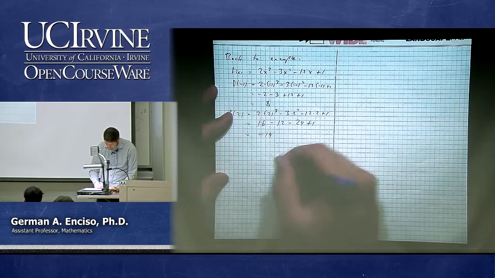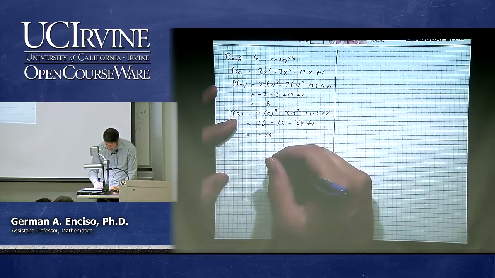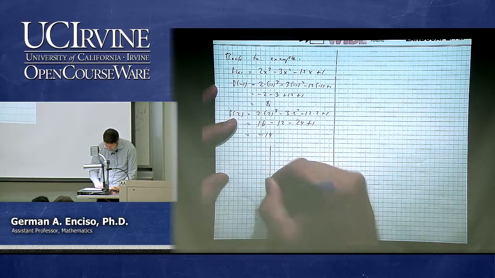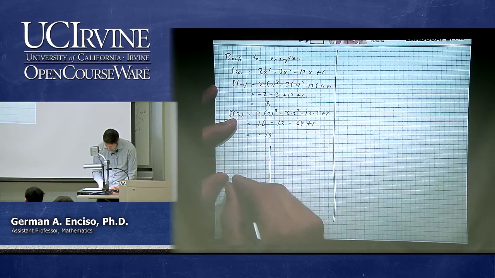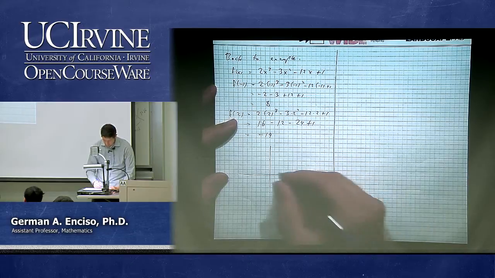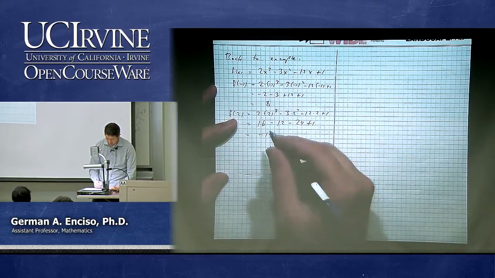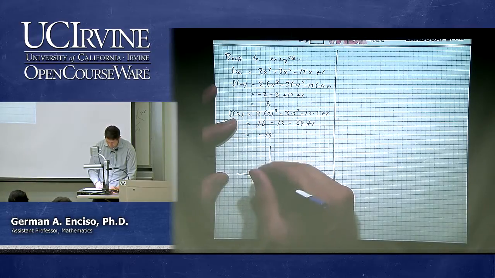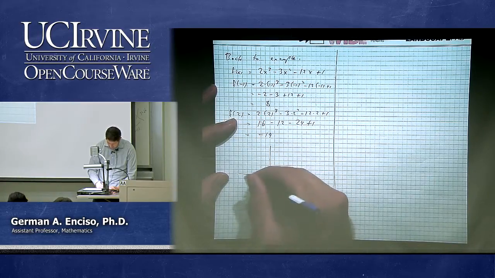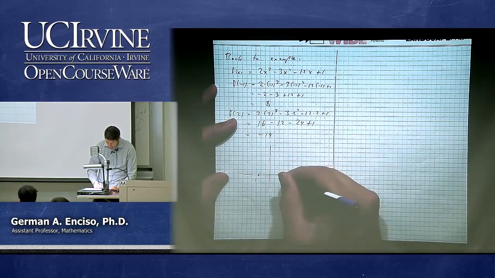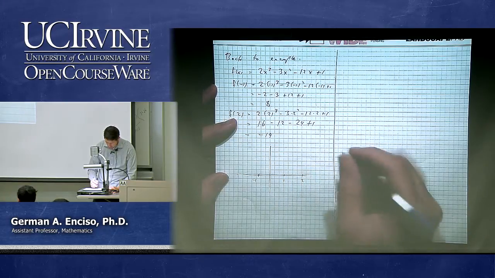All right, I'm not going to go all the way down here to draw it, so I'm going to be a little bit liberal with the graph. This is minus 1, 1, 2.